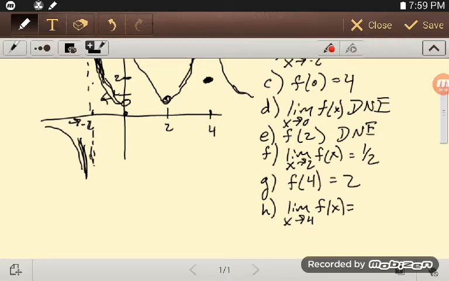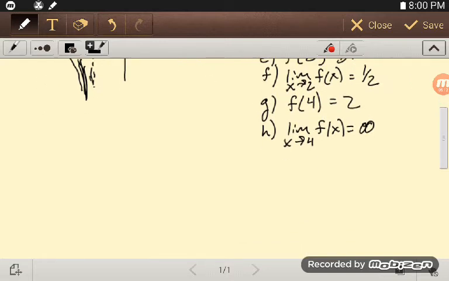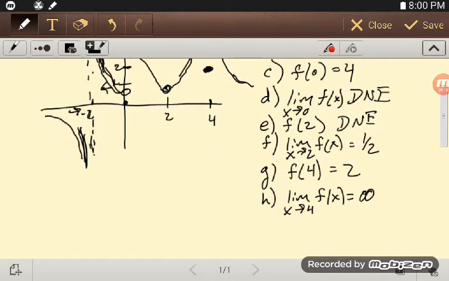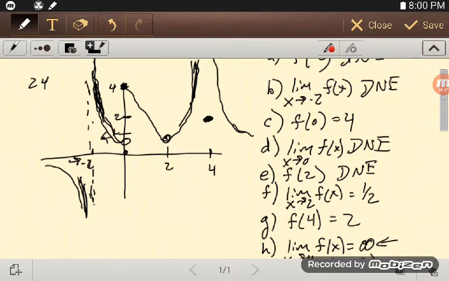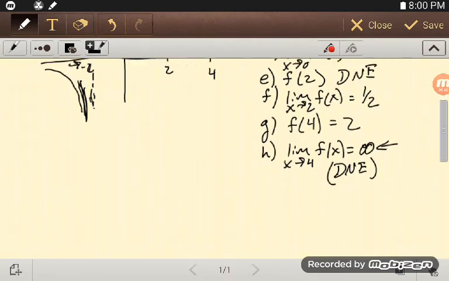These are both growing without bound, and so we can say infinity, but remember that that actually means it does not exist. We're just being very specific about how it doesn't exist. Okay? So there we go. That's 24. That's the kind of thing we're trying to do with those.